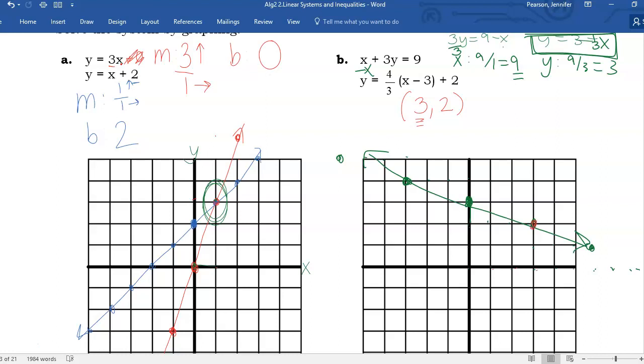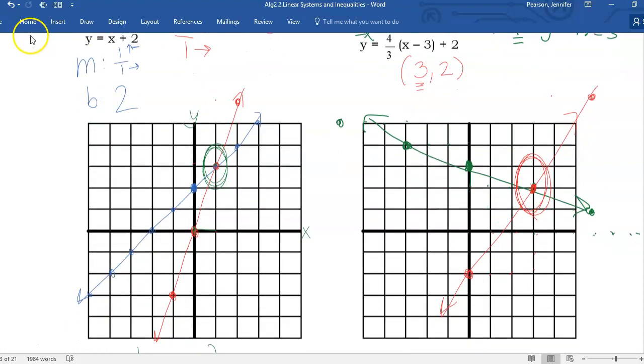Uh-oh, I already found my answer. But from there, we're going to rise 4, run 3. And we go backwards. And I don't think I need to do one more. But if we connect those, we have our solution right here. And that is at the point 2, 3.